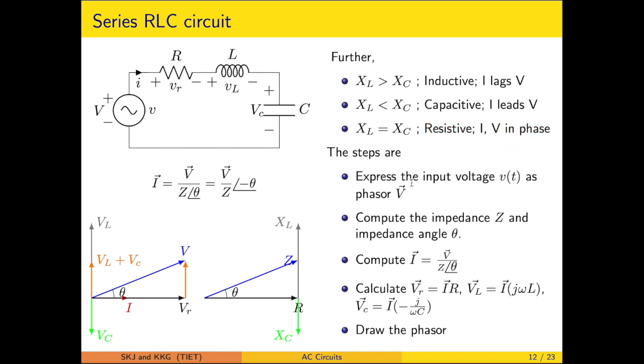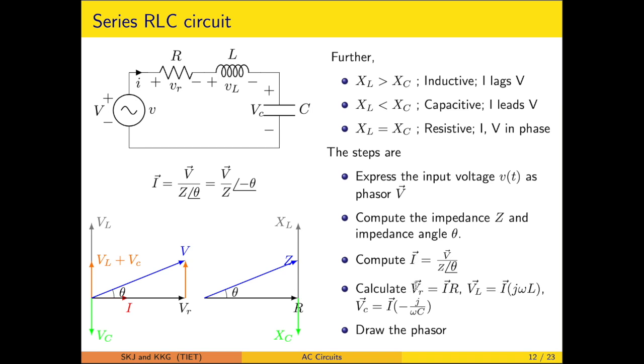Now the steps for the analysis, if we utilize this equation: express the input voltage as phasors. Depending on the general equation, we can write it in the phasor form, which is V with its angle. Then we compute the impedance and theta, depending on whether the combination is RL, RC or RLC. Then the current is computed.